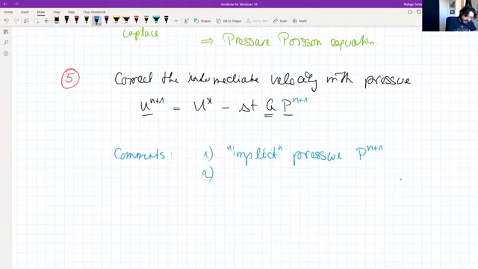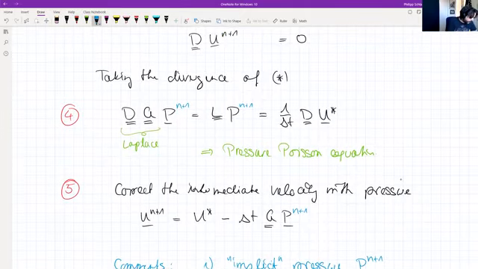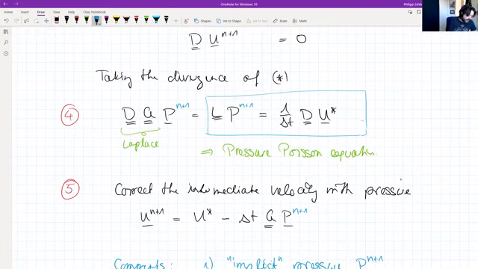The second comment is, we have here a Laplace equation that we need to solve for the pressure. I mean, this here is the Laplace equation, the Poisson equation, where we have the Laplace operator equaling a right-hand side. The right-hand side we all know, that's all very good, but then we need to solve the second derivative.